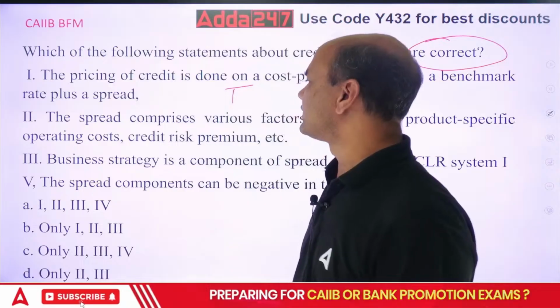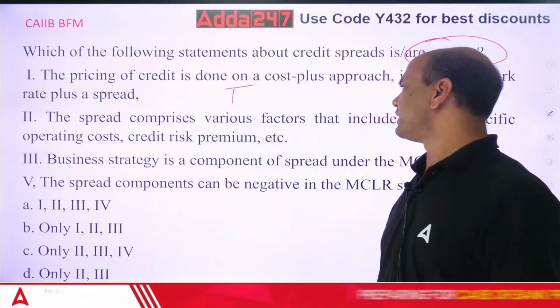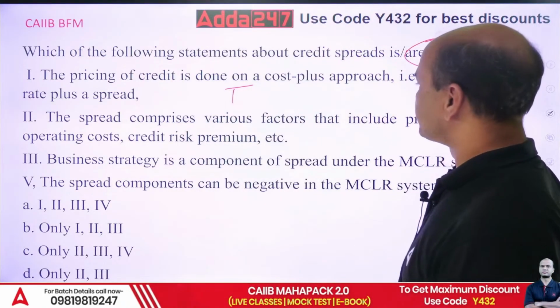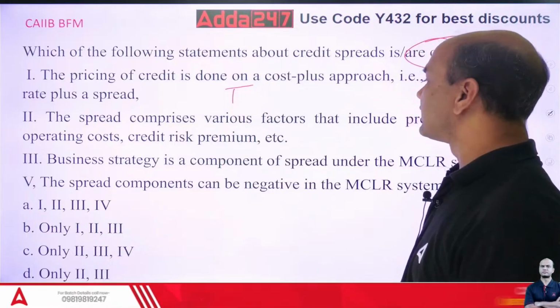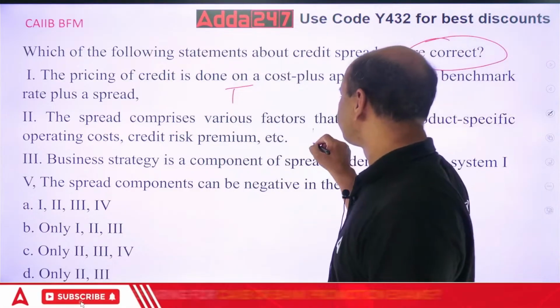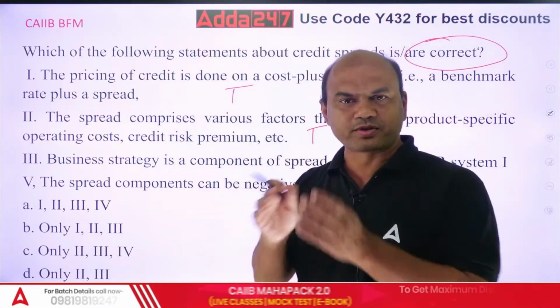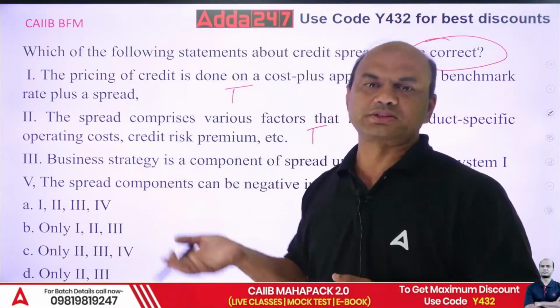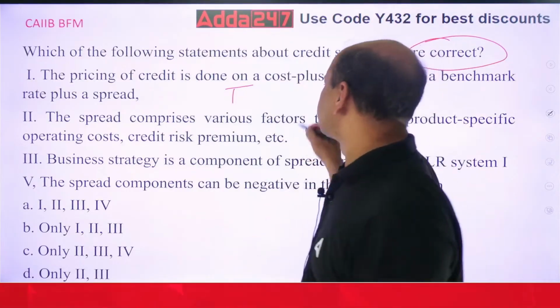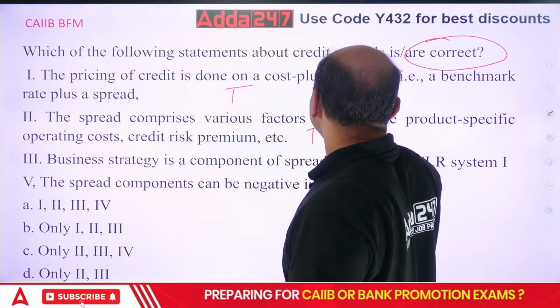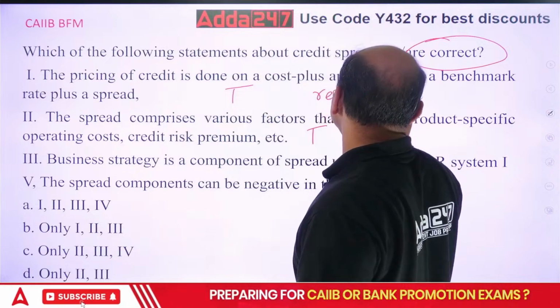What about the second one? The spread comprises various factors that include product specific operating cost and credit risk premium. So that is also true, right? Because the spread means the difference. Benchmark plus 2%, like repo plus 2. So this 2 is known as spread.